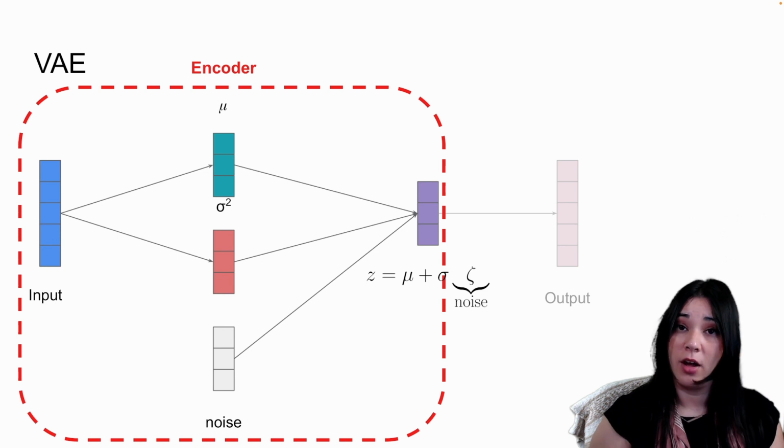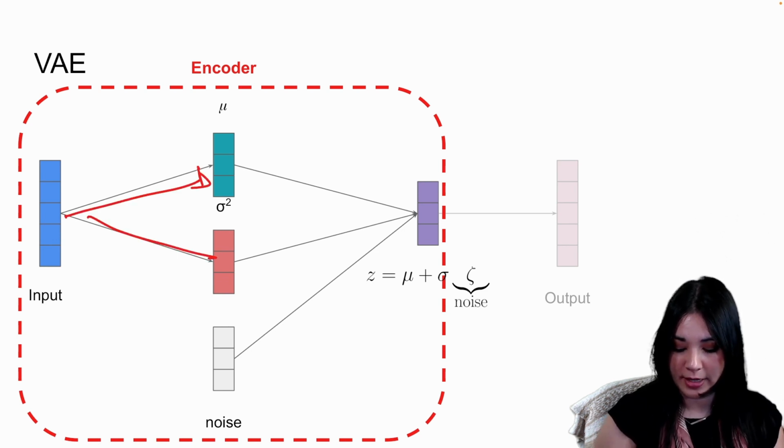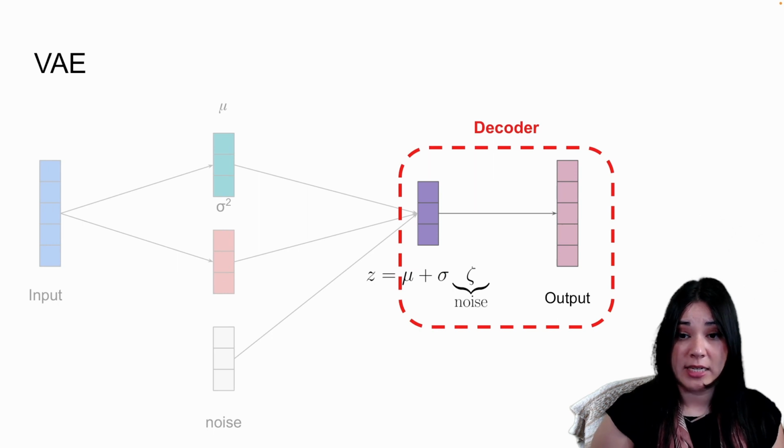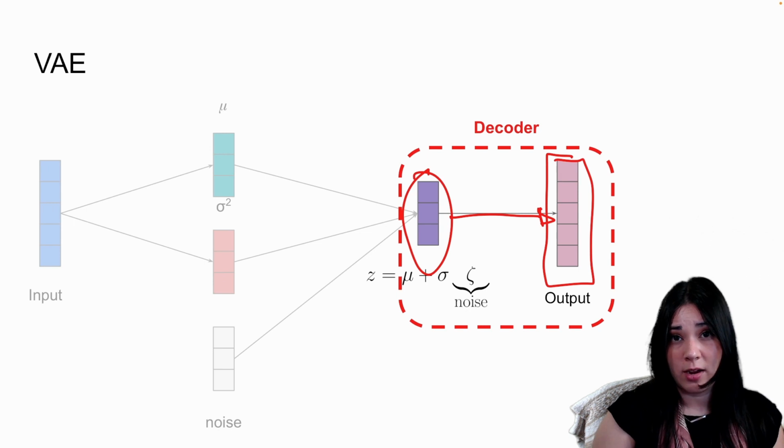In a variational autoencoder, the encoder first learns a mean and variance for our multivariate normal distribution, then samples from that using this noise value, and adds them all together to create our final sample from our hidden representation. This is then fed into the decoder. The decoder's job is to take this sample of our hidden representation and process it in order to create our output. And the goal of our output is to be as similar as possible to our input.